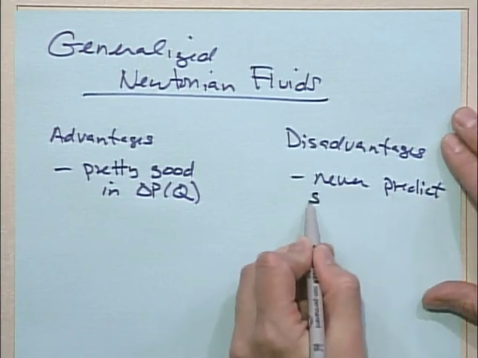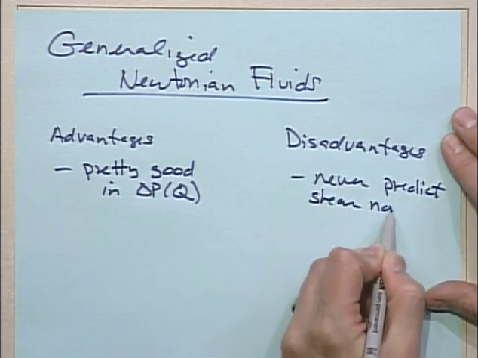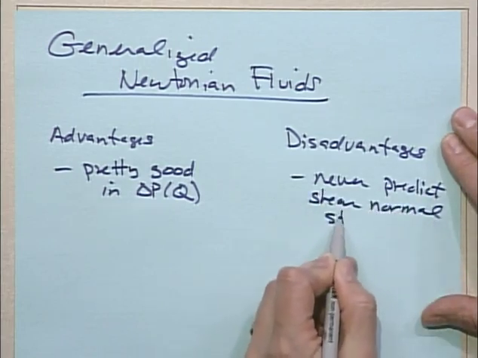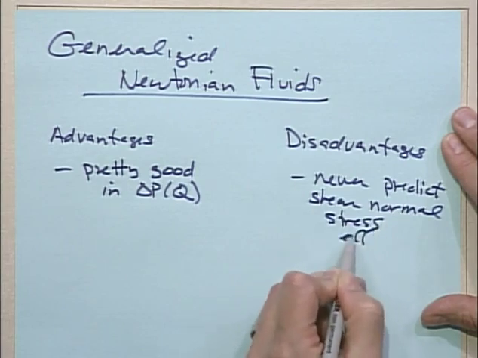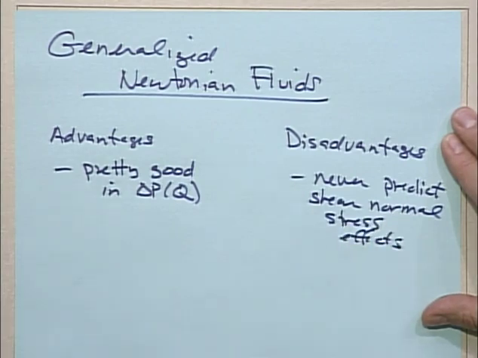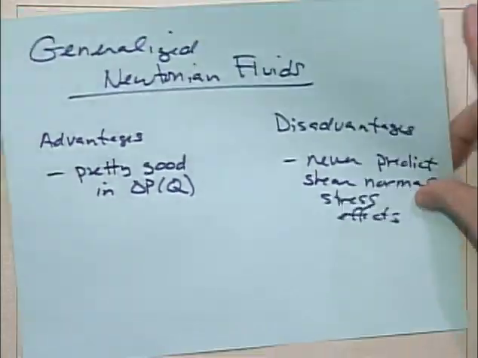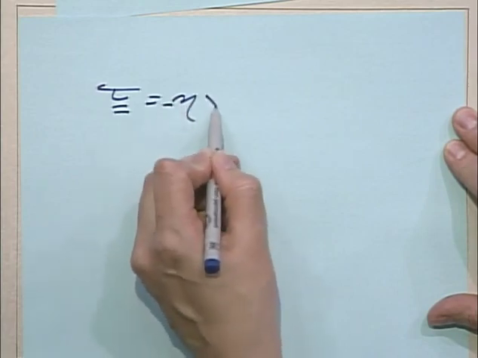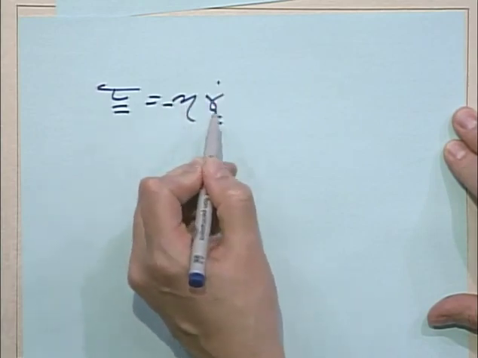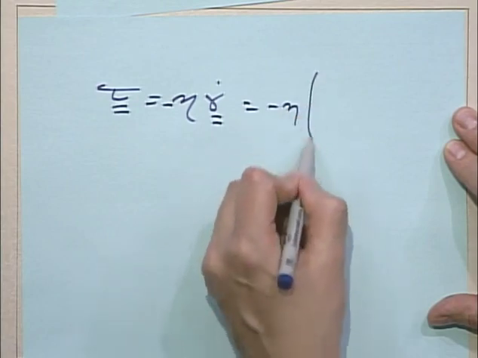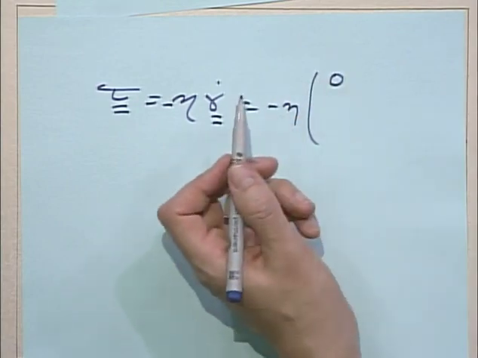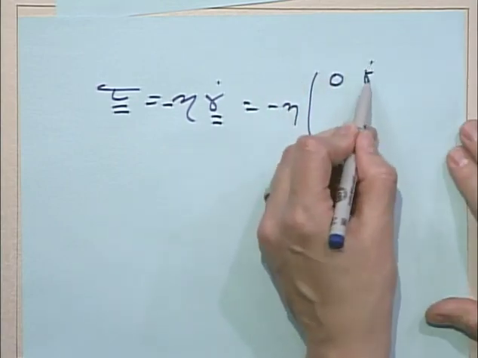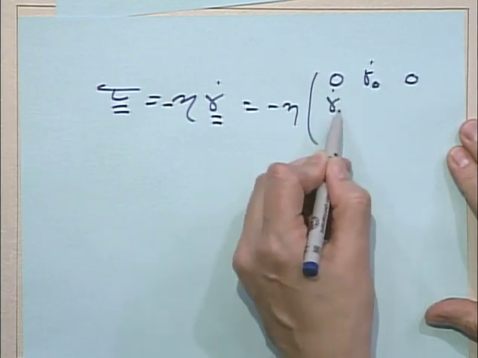One way they are at a distinct disadvantage is that they never predict shear normal stress effects. We can see that very clearly from the form of the equation. Tau is equal to some function times gamma dot. In shear flow, gamma dot is always going to be 0, 0, gamma dot naught.